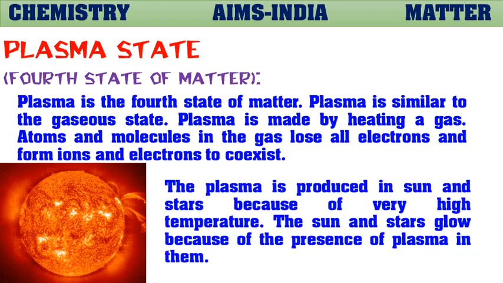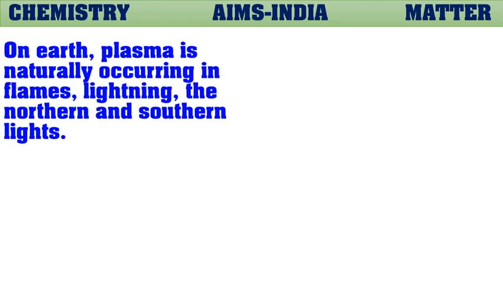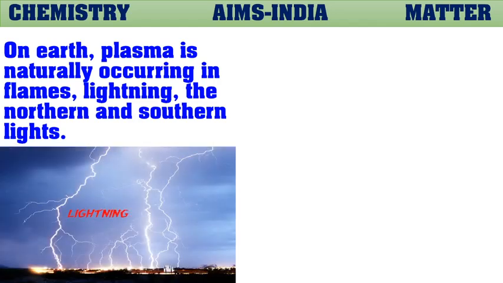Plasma is produced in the sun and stars because of very high temperature. The sun and stars glow because of the presence of plasma in them. On the Earth, plasma occurs naturally in flames, lightning, and the northern and southern lights.